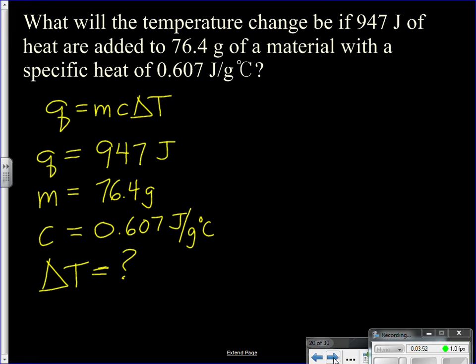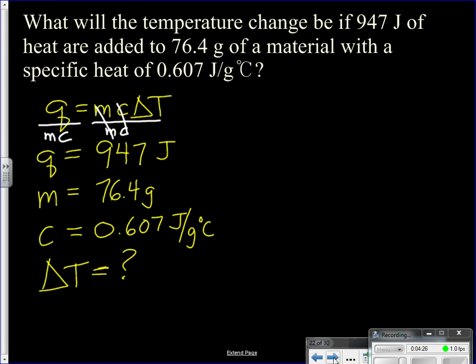Now this time we find that since we're trying to solve for delta T, we want to get our equation to say delta T is equal to something. And we want to get that delta T by itself. So looking at our original equation of Q equals mc delta T, to get delta T by itself, we're going to need to divide the right-hand side of the equation by both the mass M and the specific heat C. And if we divide the right-hand side of the equation by mc, we also need to divide the left-hand side of our equation by mc.